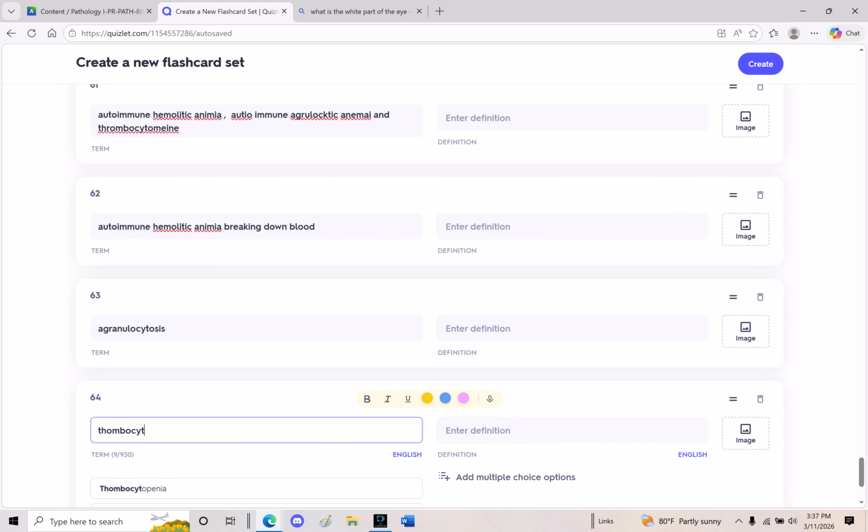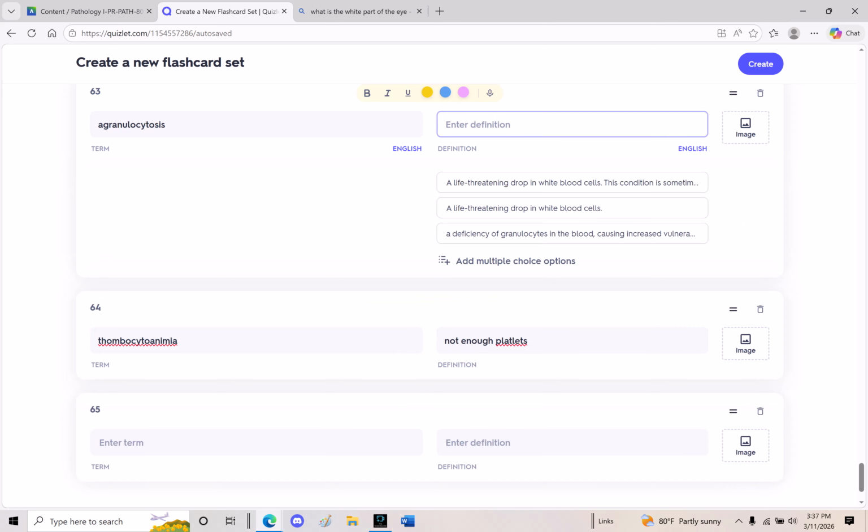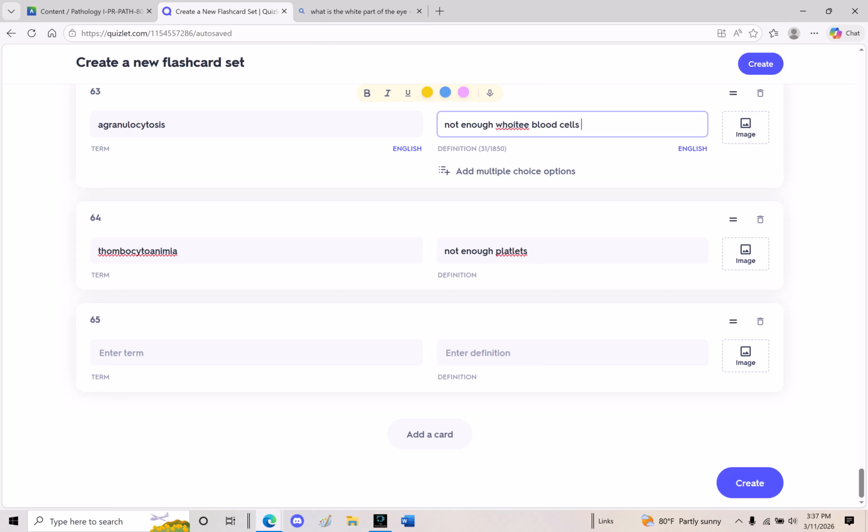Basically, all three of these describe an autoimmune condition in which you create antibodies against blood cells. Not just red blood cells, but your white blood cells, your granulocytes, and your platelets. Your thrombocytes are platelets, right?